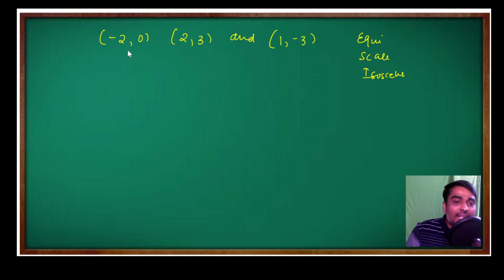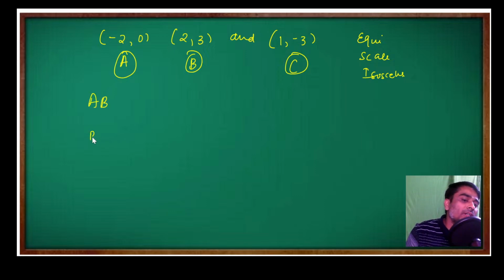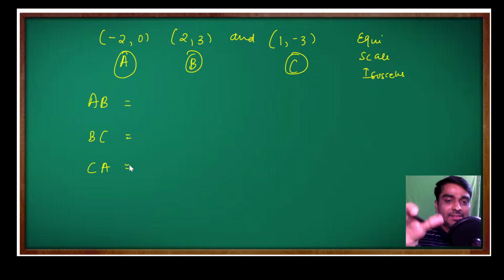This is the A coordinate, this is the B coordinate, this is the C coordinate. You need to do AB, BC, and CA. This is a 3 marks question. You have to observe the answers.